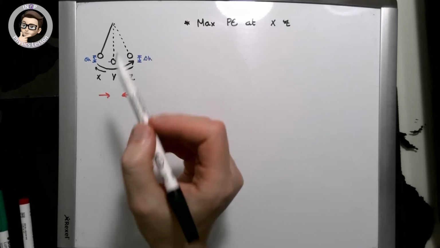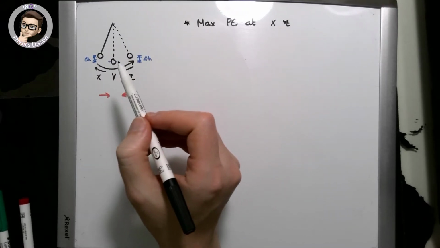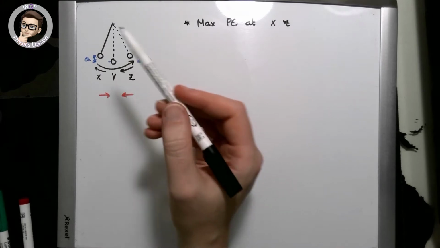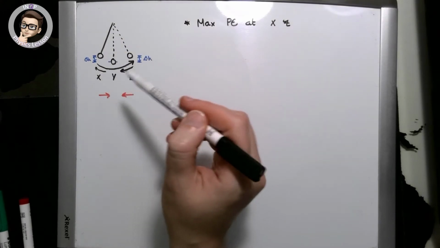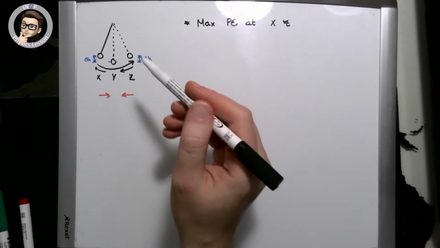Now that means that that energy must be being transferred to something else when it reaches Y. Well, we also know that where there's no acceleration, which is the point in the center, the equilibrium position, we must have maximum speed.